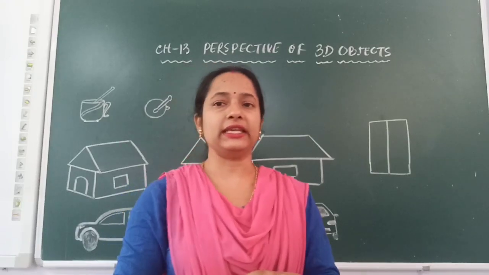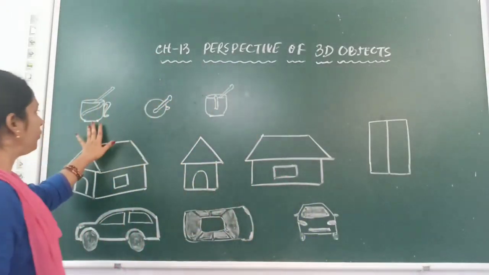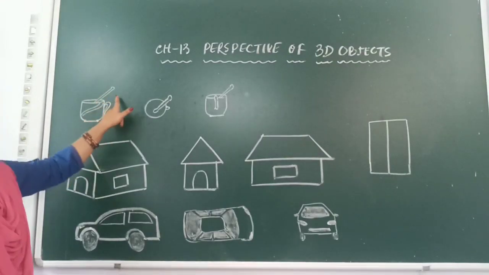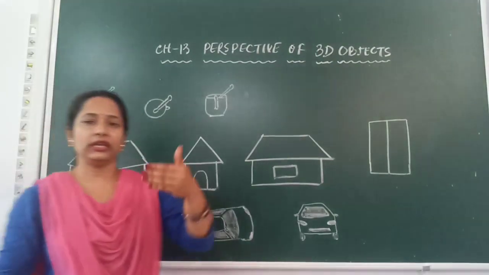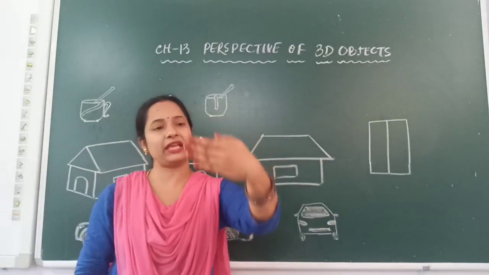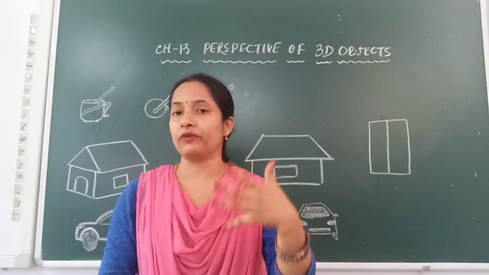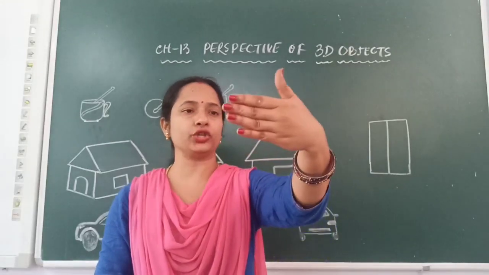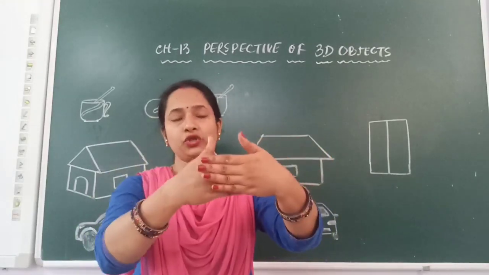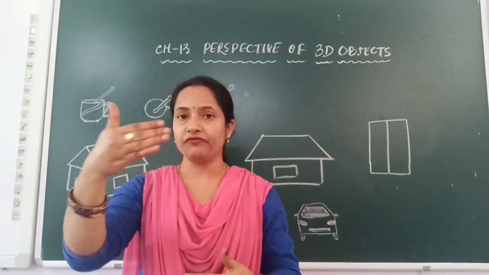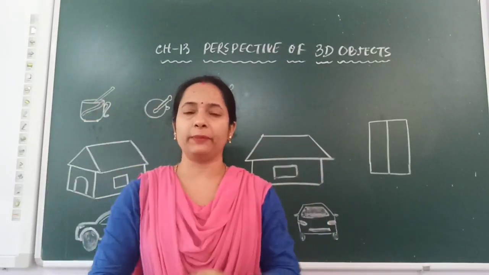The first figure I have drawn for you is a cup of tea with a spoon kept inside. If the teacup is placed exactly in front of you, the viewing should be the horizontal view, meaning the cup should be kept exactly in front of your eyes. How does the cup look like?